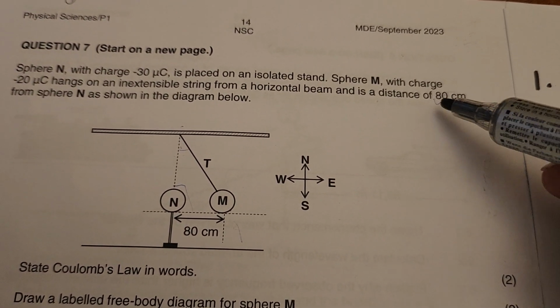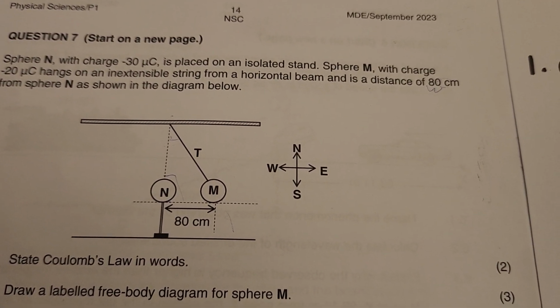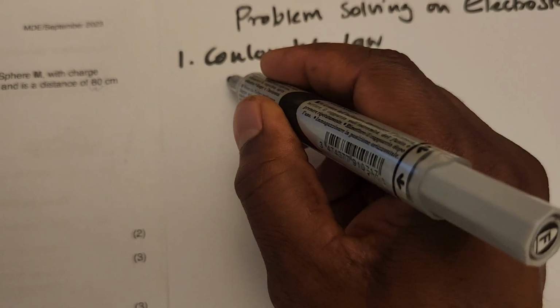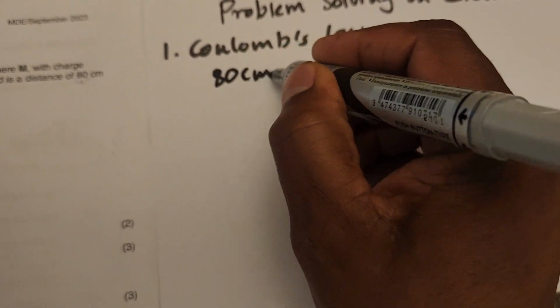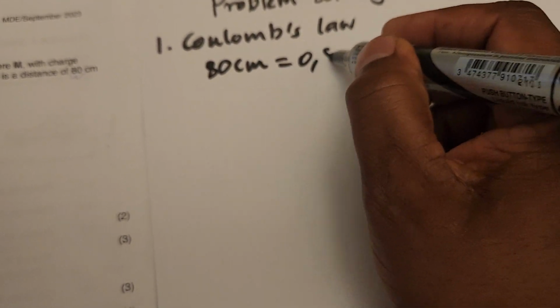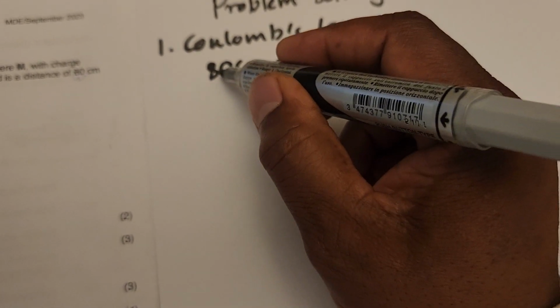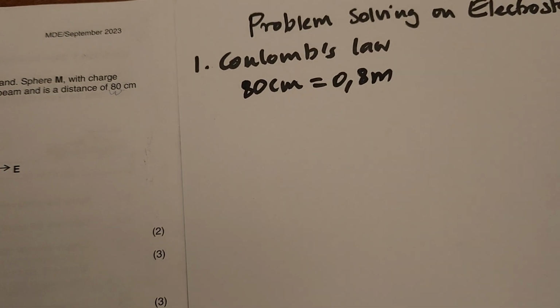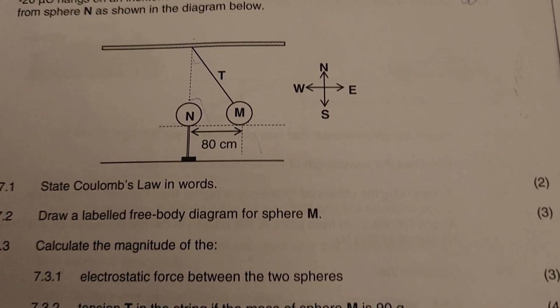Immediately when you see 80 centimeters, it must be converted to meters, which will be 0.8 meters. Just shift the comma 3 times or divide by 100.